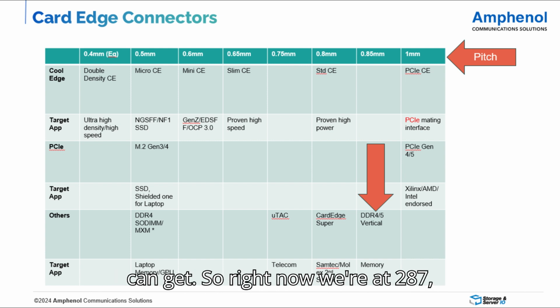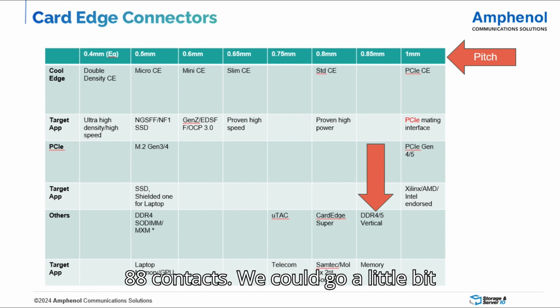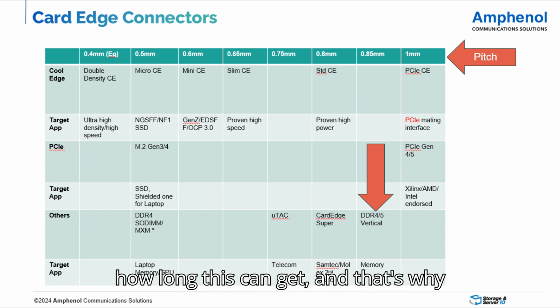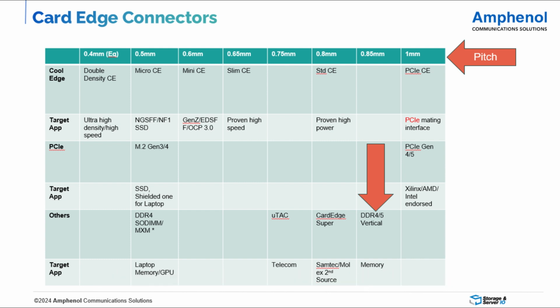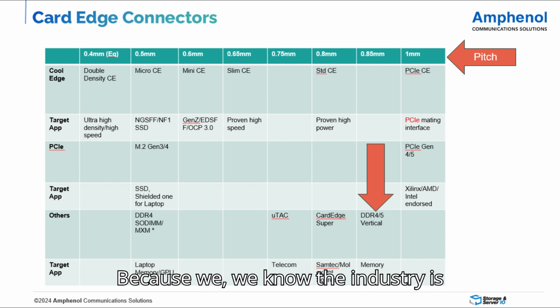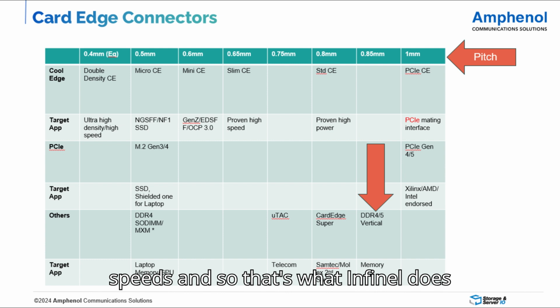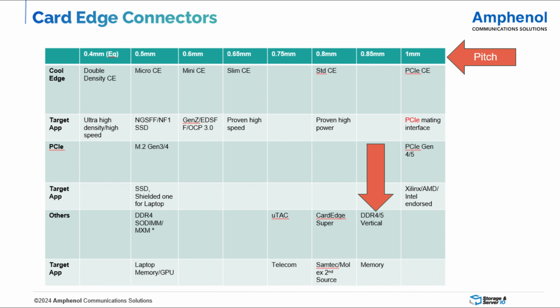So right now we're at 287, 288 contacts. We could go a little bit longer, but it's reaching its limit on how long this can get. And that's why there are new form factors being discussed, because we know the industry is demanding more contacts and faster speeds. And so that's what Amphenol does the best.